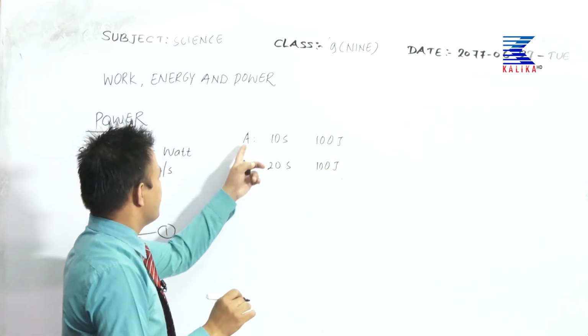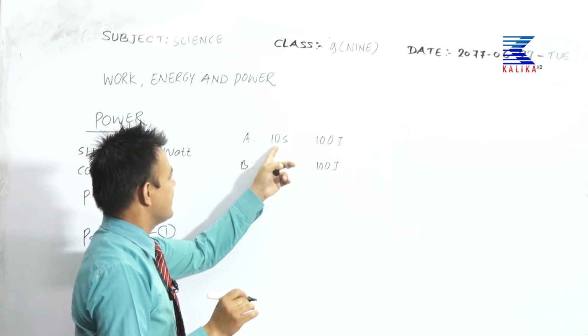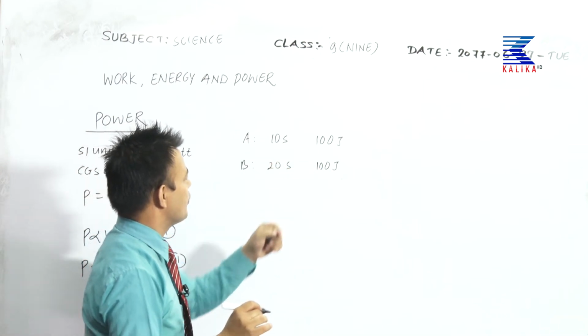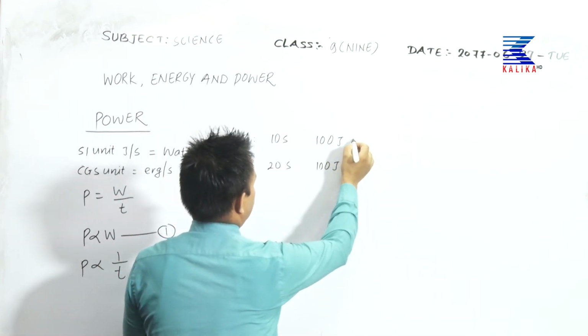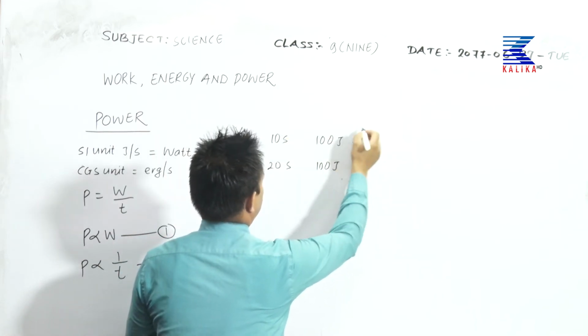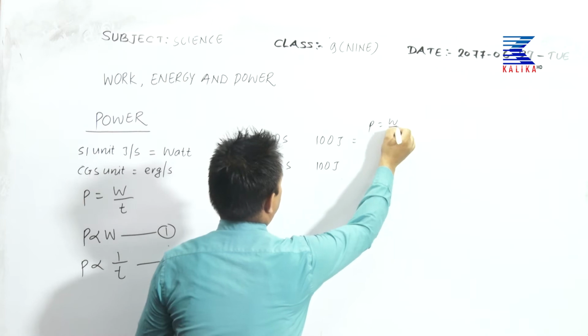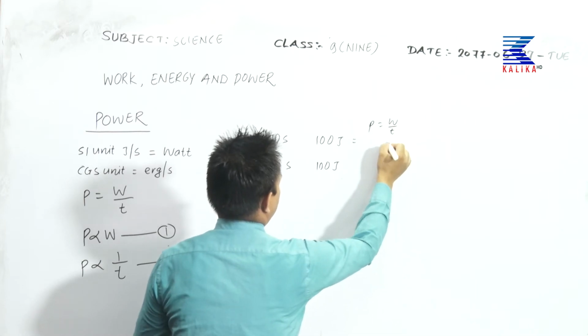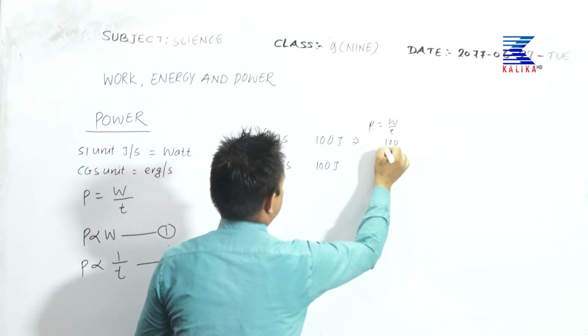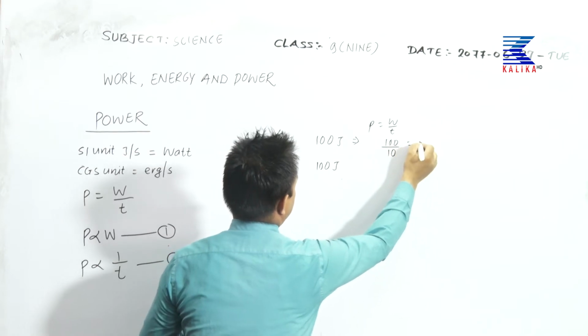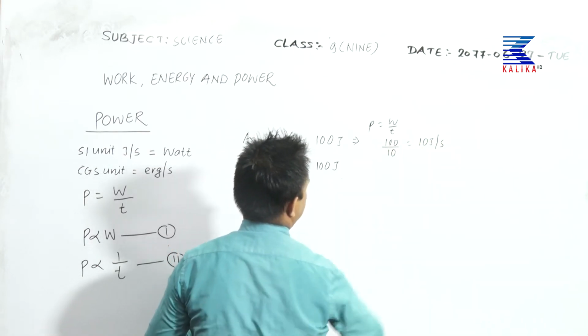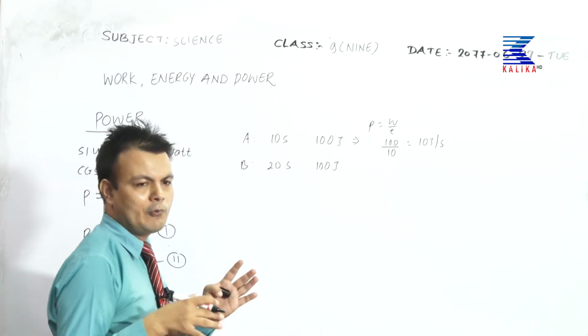Machine A took less time, so it has more power. P equal to W upon T. So here 100 divided by 10 equal to 10 joule per second, or 10 watt.